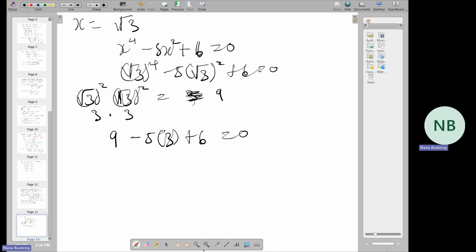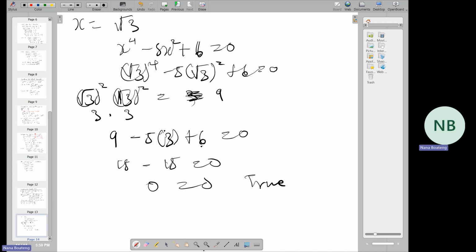So 9 plus 6 is 15, minus 15 is equal to 0. So 0 is equal to 0 is true. So x is equal to square root of 3 is a true solution. So we can test for the other values similarly.